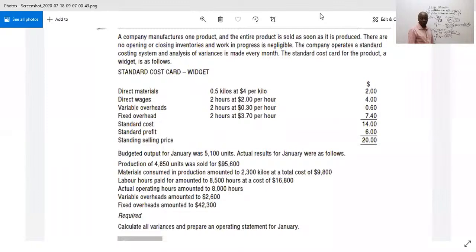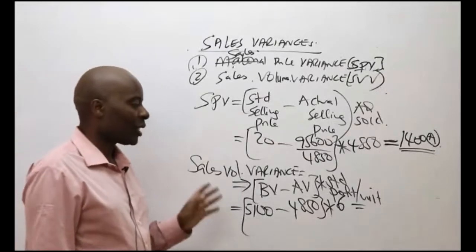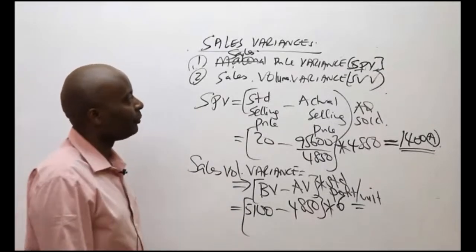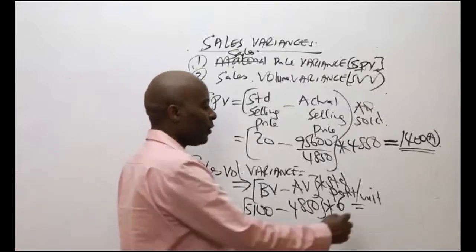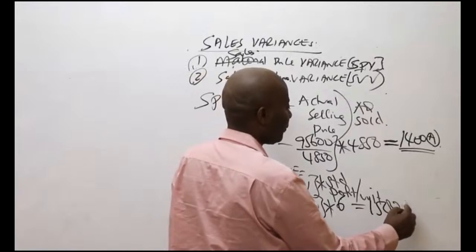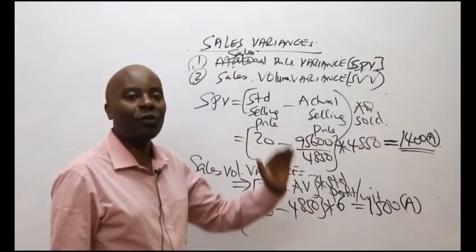Standard profit per unit, what do we have there, somebody? 6. Thank you very much. So could you kindly give me this answer: 5,100 minus 4850 times 6. 1,500. Adverse or favorable? Adverse. 1,500 adverse. And now that marks the end of all our variances.